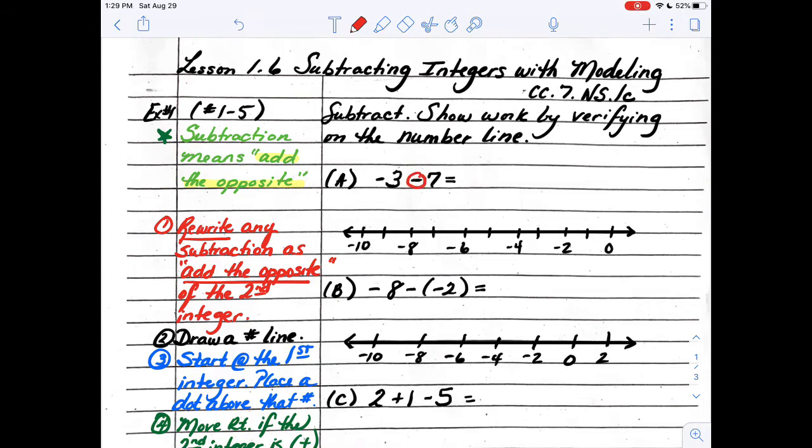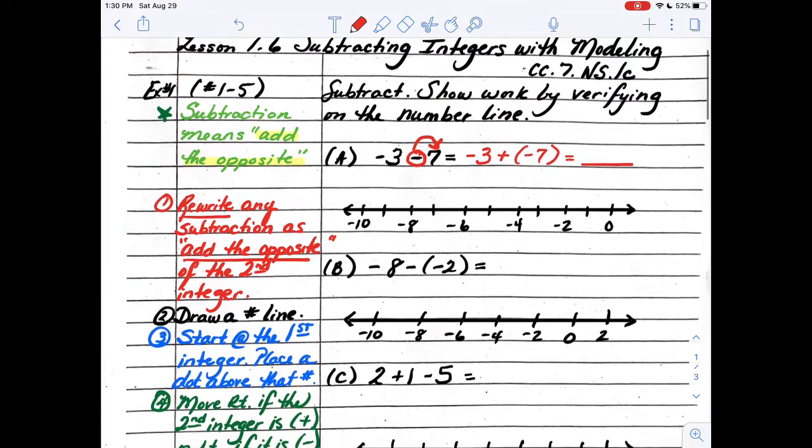So this subtraction becomes an addition sign, as long as you change that second integer to its opposite. So we're going to rewrite that as -3, change the subtracting to adding, and that 7 now becomes a -7. So now we have our new problem: -3 minus 7 is the same thing as -3 plus -7.